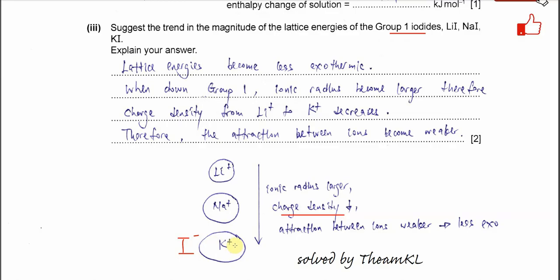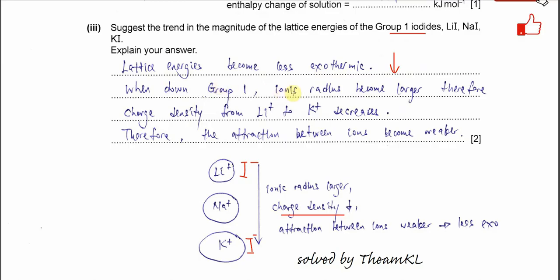So what we can expect is that lithium iodide is going to have stronger attraction between the ions. Therefore, it will be more exothermic for lithium iodide and less exothermic for potassium iodide. This is what you can deduce or predict. So the answer is the lattice energy becomes less exothermic down the group.